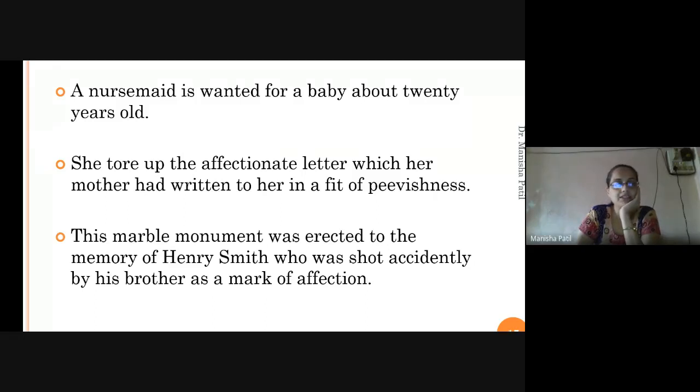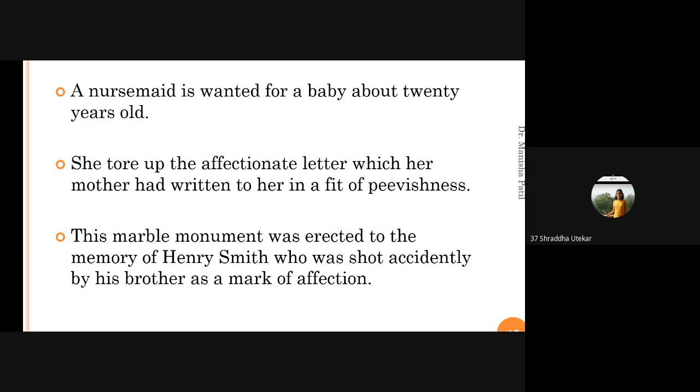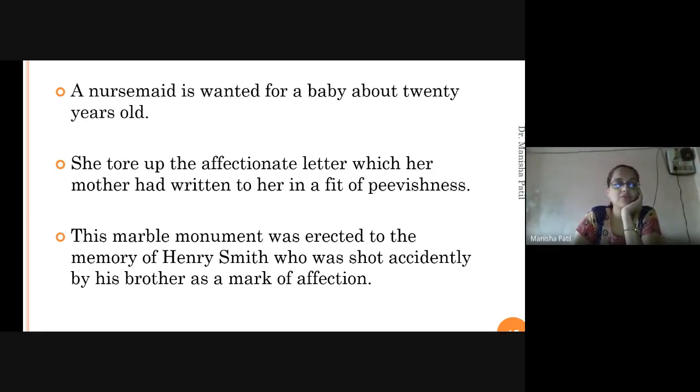Erection of monument or shooting accidentally? Erection of monument.